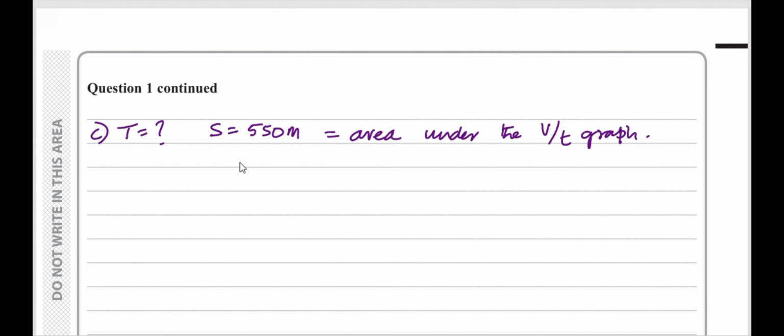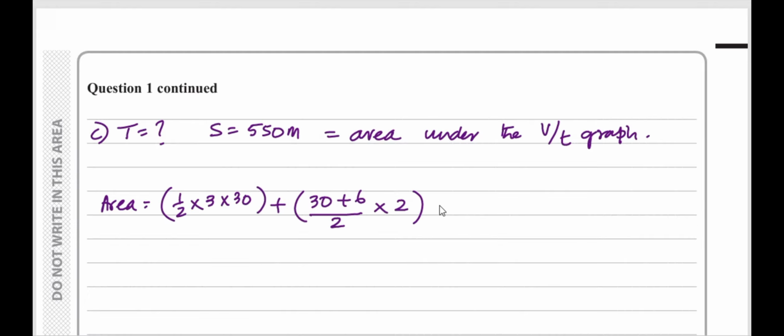Therefore, area is equal to half times base times height for the first triangle, which is half times 3 times the height, which was 30, plus there is a trapezium, the two sides are 30 plus 6 divided by 2 times the height, which was also 2 because it was for 2 seconds. Then there is a rectangle there. For that rectangle, the base is capital T minus 5 seconds times its width, that is equal to 6. The whole thing is equal to 550 meters.